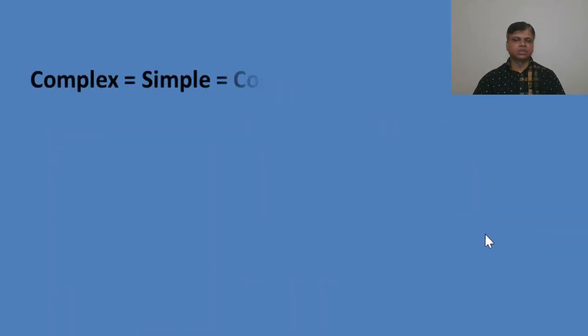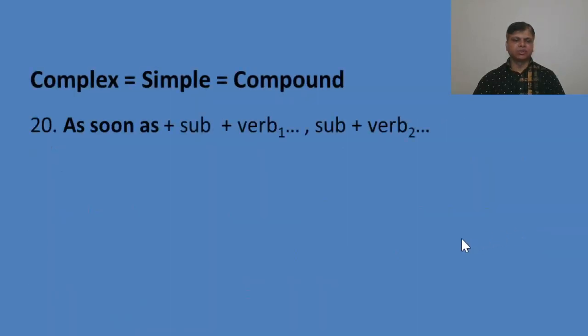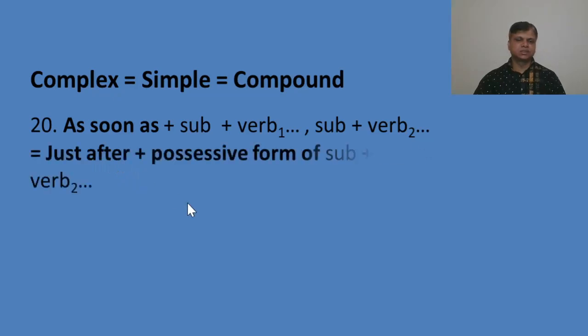Now look at the 20th rule. If a complex sentence begins with as soon as, simple will be just after. The simple sentence will begin with just after, the possessive form of the subject, the ing form of the verb, and the rest of the sentence, comma, and then the second clause.